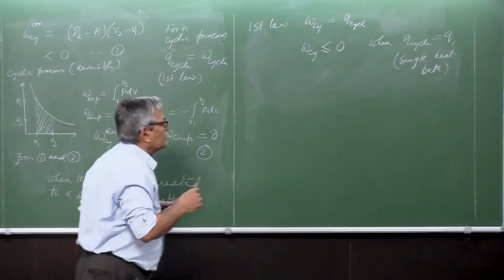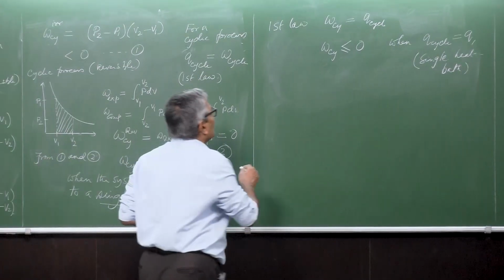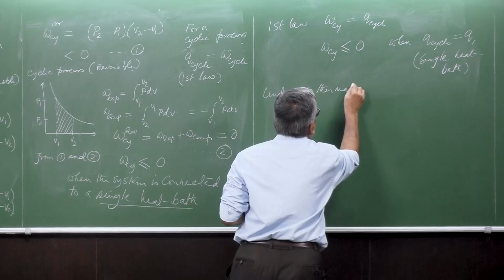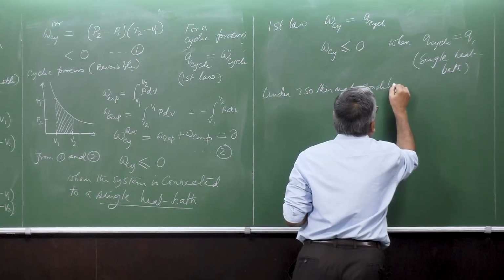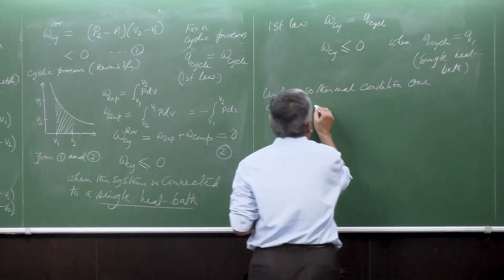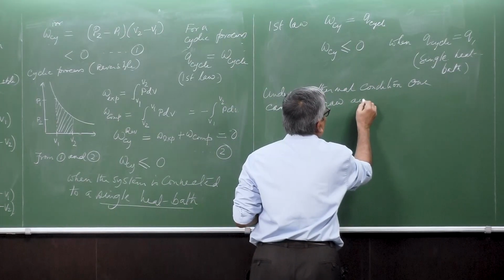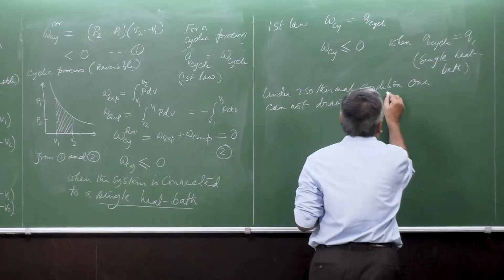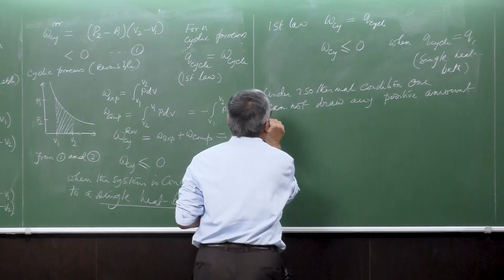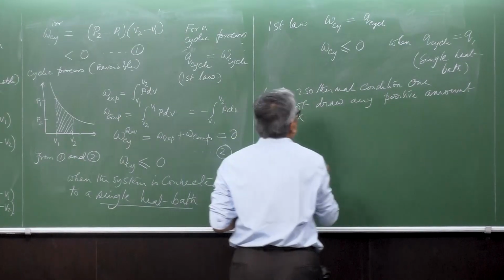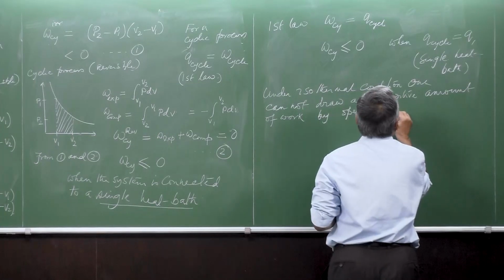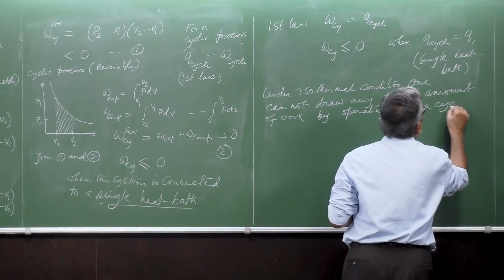Under isothermal condition, I have shown that the temperature is always constant, so one cannot draw any positive amount of work by operating over a cycle.